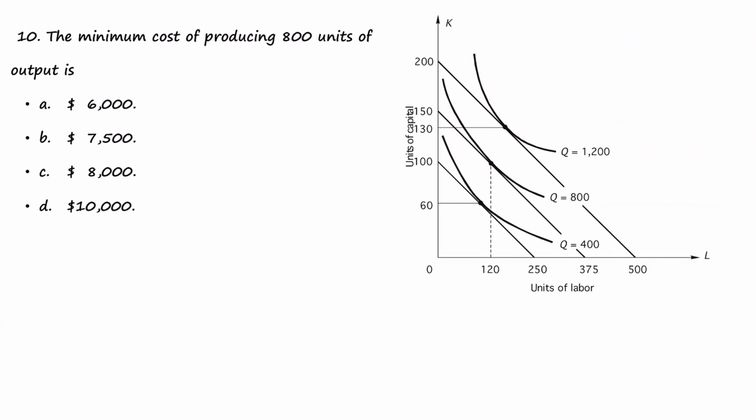The minimum cost of producing 800 units of output. So same thing, we're going to find our Q is equal to 800 and look at that isoquant line. In order to do that, we have to find the equation of that line, because where it's tangent is minimizing costs.